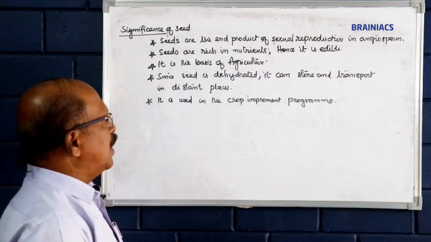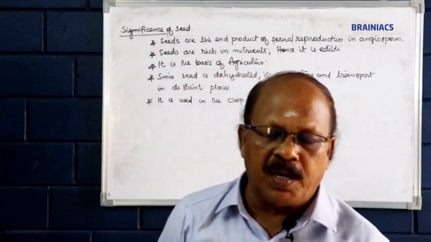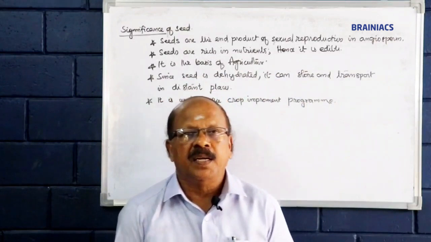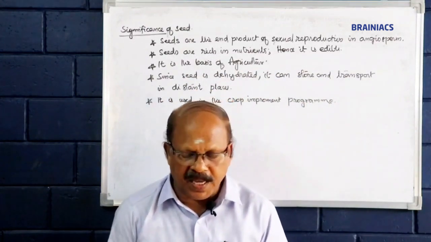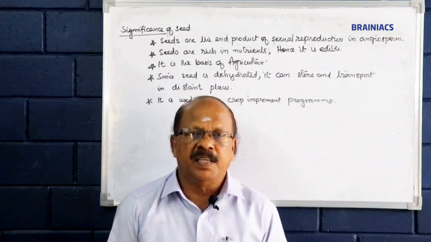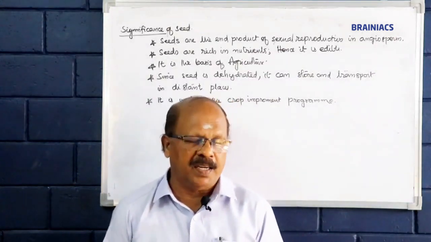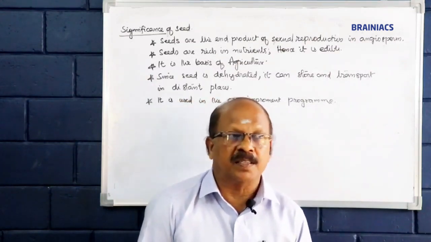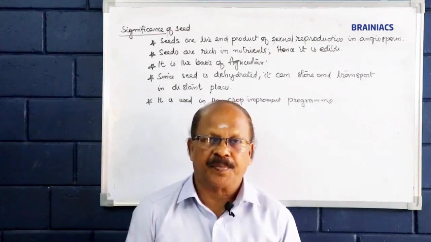It is used in the crop improvement program. So, qualitatively and quantitatively high yielding varieties of plants can be hybridized. Plants can be produced having disease resistant capacity, pest resistant capacity, and stress resistant capacity. The new plants thus produced can be distributed each and everywhere.